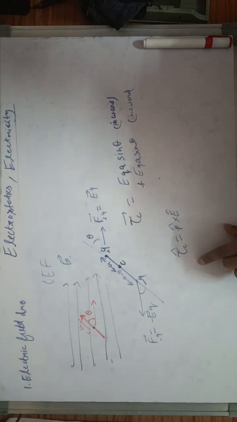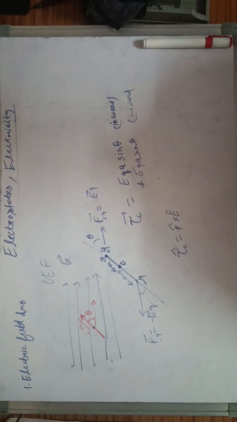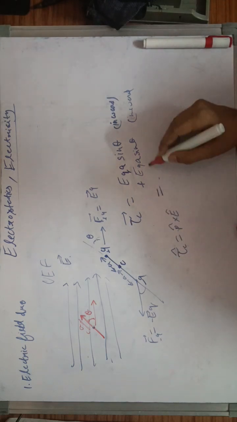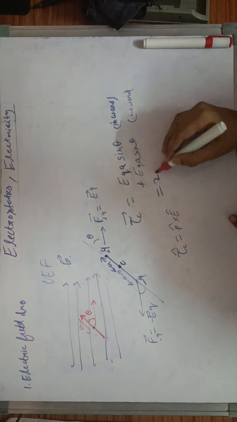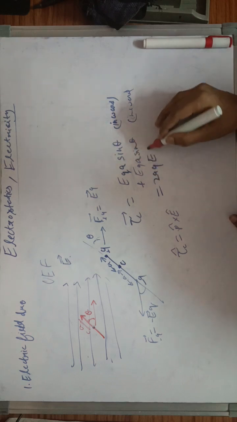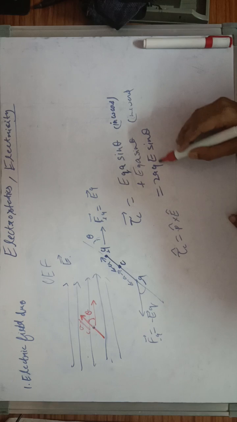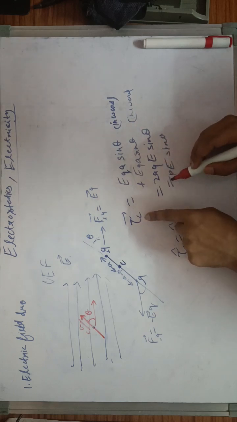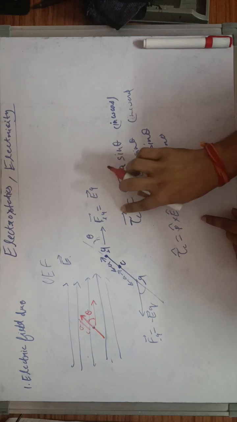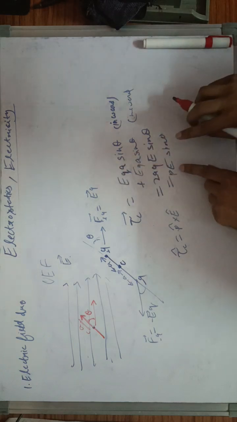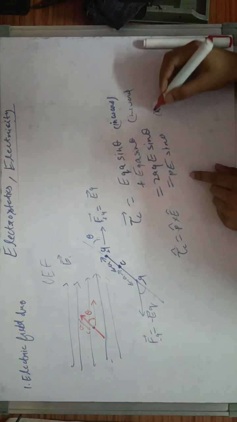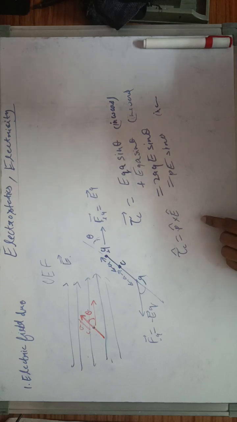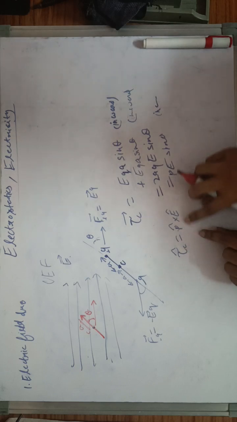So the direction of this torque can be given by this, and the magnitude of this torque is the sum of these two, which is 2aq into E sine theta. So this gives pE sine theta. So the magnitude of the torque is pE sine theta. This is inward, and the direction is also given by the cross product.